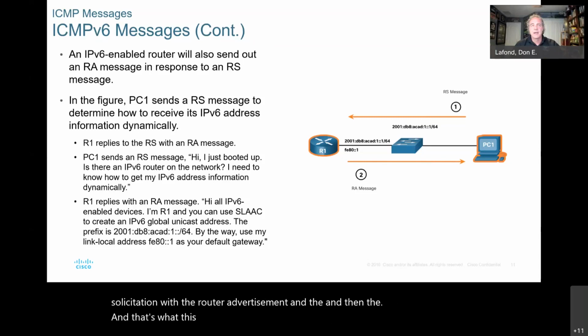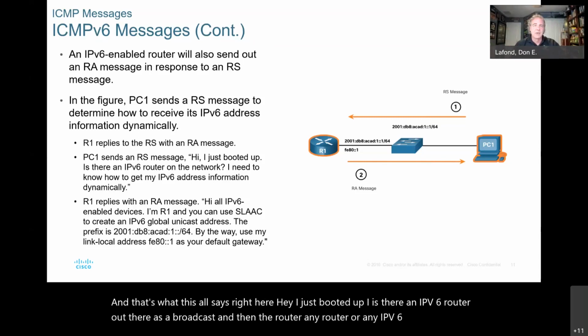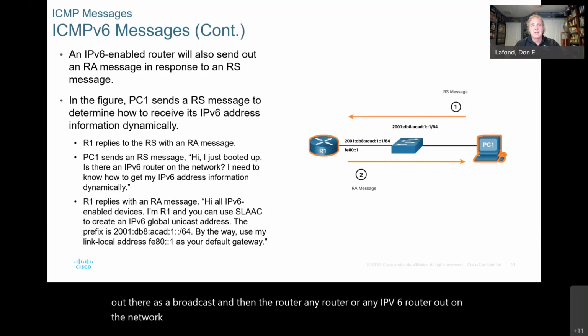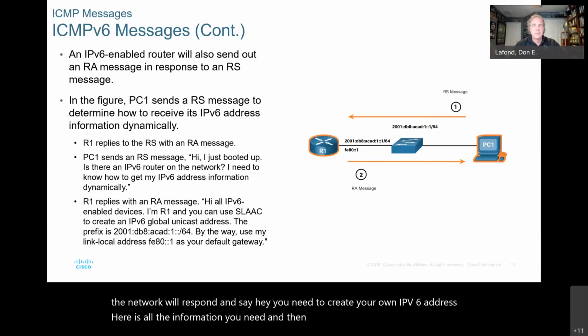Hey, I just booted up. Is there an IPv6 router out there, as a broadcast? And then any IPv6 router out on the network will respond and say, hey, you need to create your own IPv6 address. Here's all the information you need. And then it sends that back to PC1.